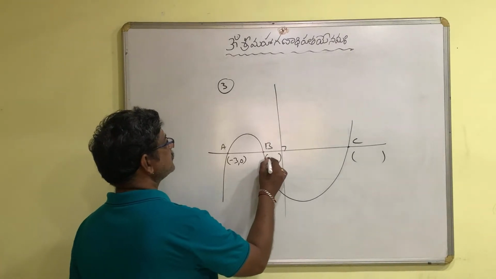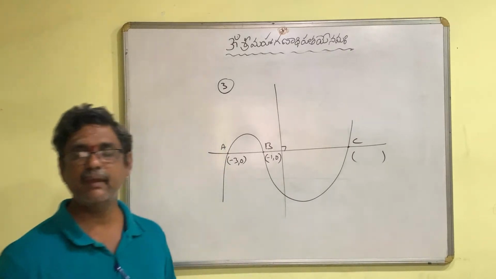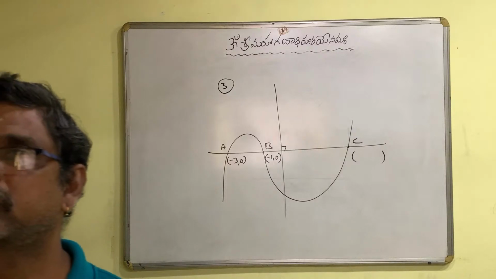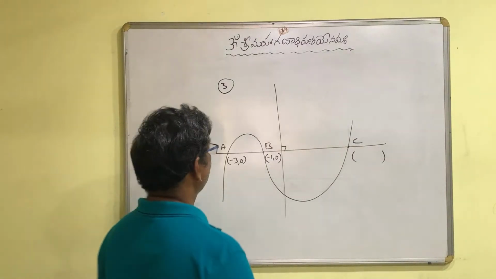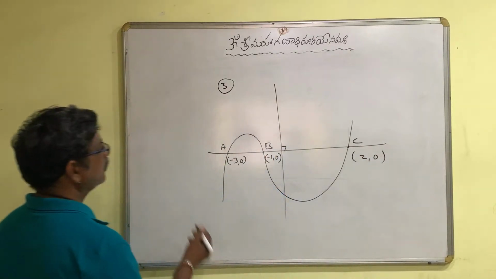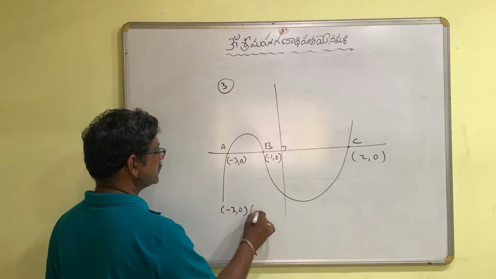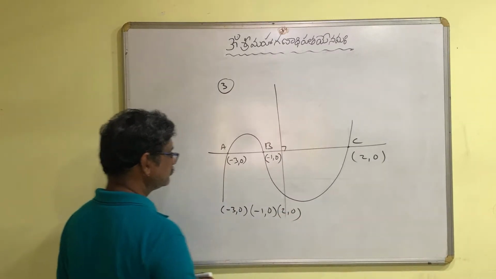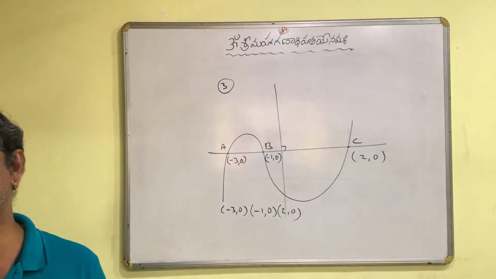Coordinates of B -1, 0. Coordinates of C? Yeah, 2, 0. So the points are -3, 0, -1, 0, 2, 0. Okay, these are the intersecting points.